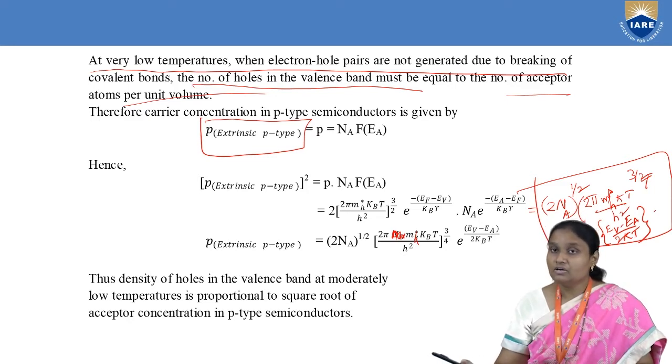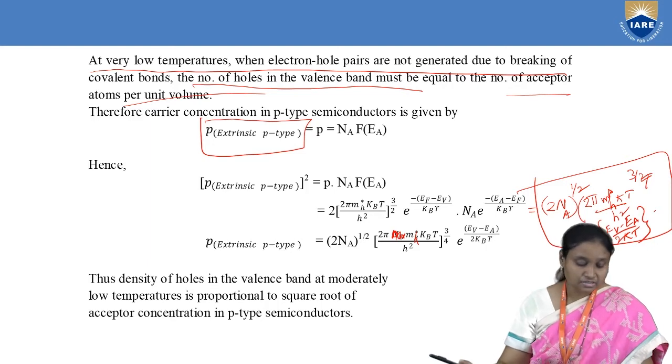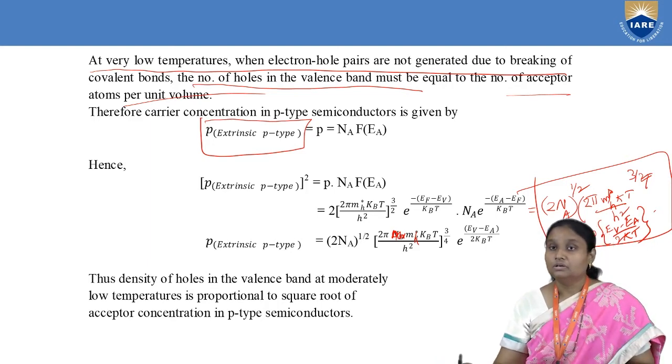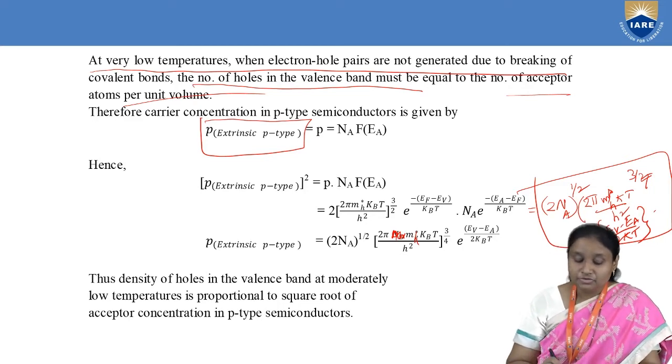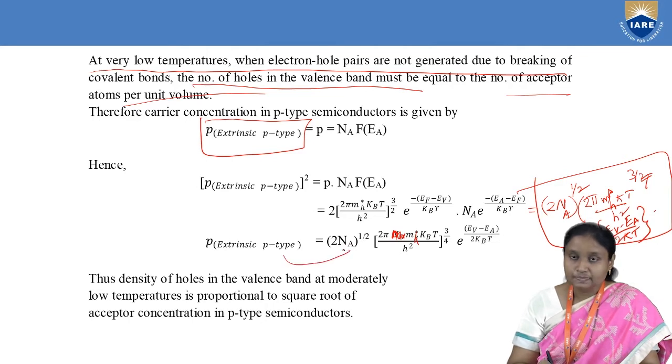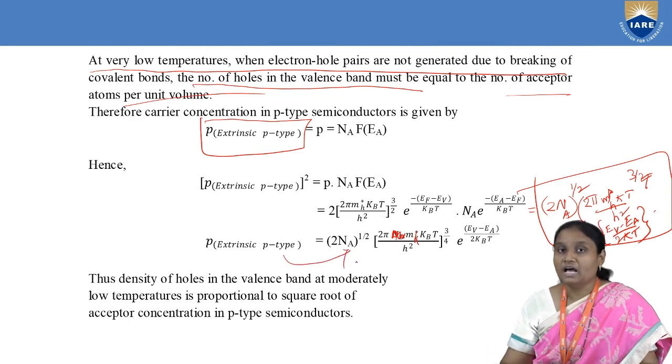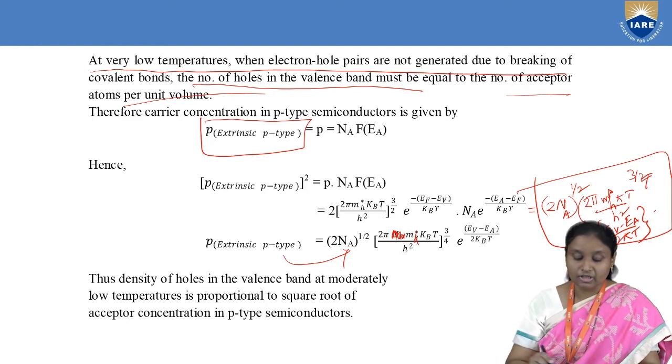When we say carrier concentration in p-type semiconductors, we are talking only about density of holes. And if you see here, this carrier concentration is proportional to the square root of acceptor concentration. This we have to remember.